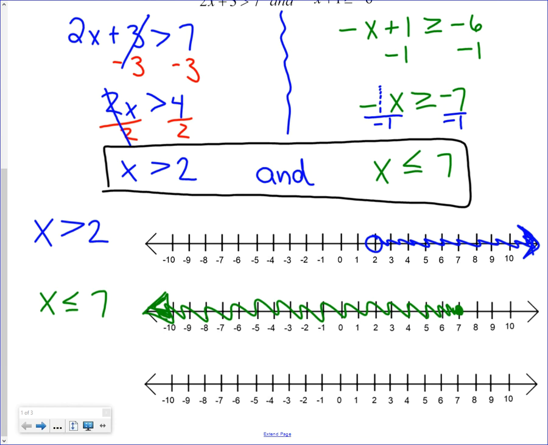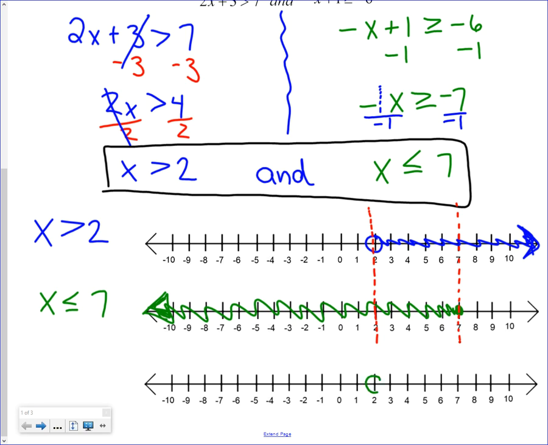So where do these two graphs overlap? Well, they overlap right here in this red region. So the points in that red region will be the solutions that make both the blue one and the green one true at the same time.